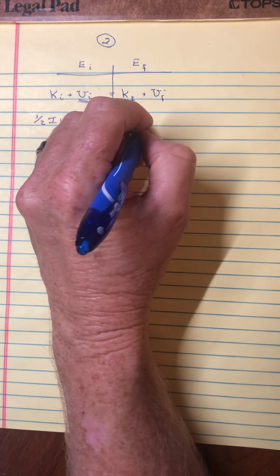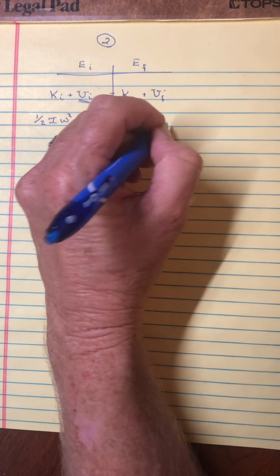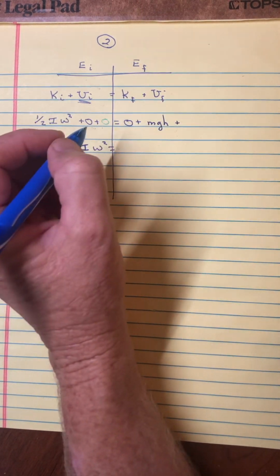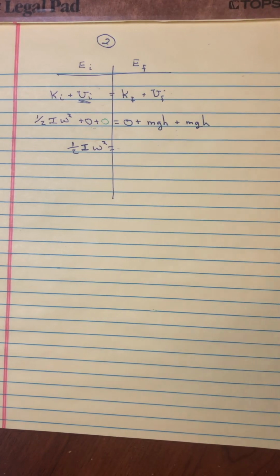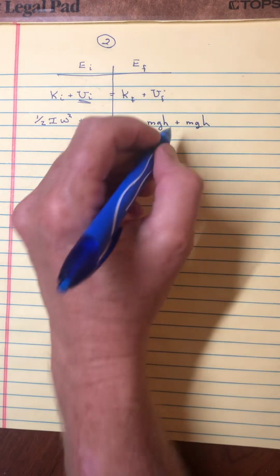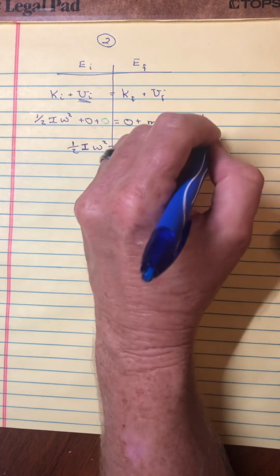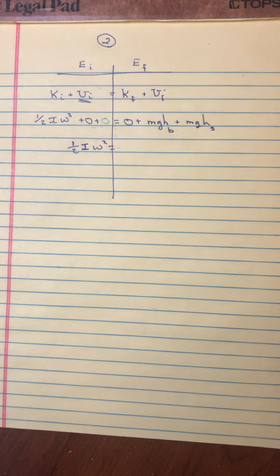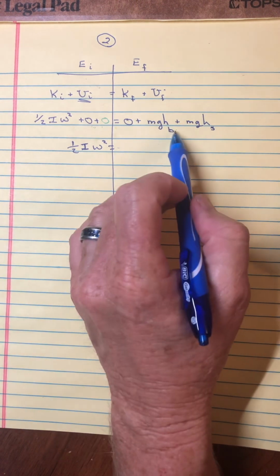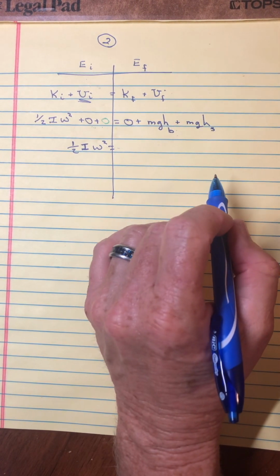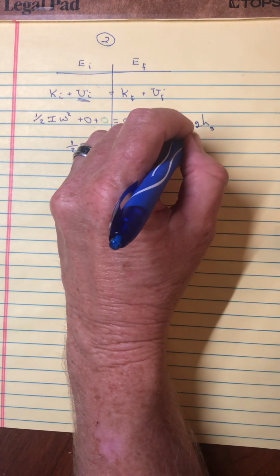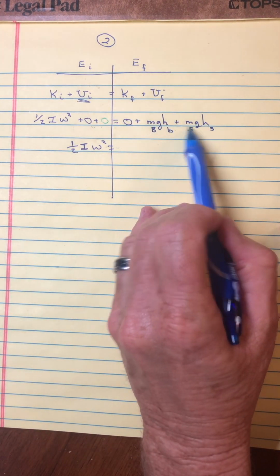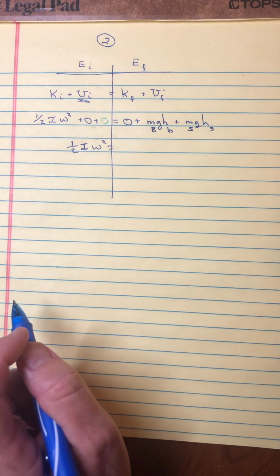And then there would be an mgh for the bug and an mgh for the rod. Now maybe I'll put bug and stick, because they're not going to go up the same amount. We'll go through some geometry here, and we'll see that there's a factor of 2 between those two heights. And of course, this is the mass of the bug, and this would be the mass of the stick. And we know that the stick has 10 times that mass.